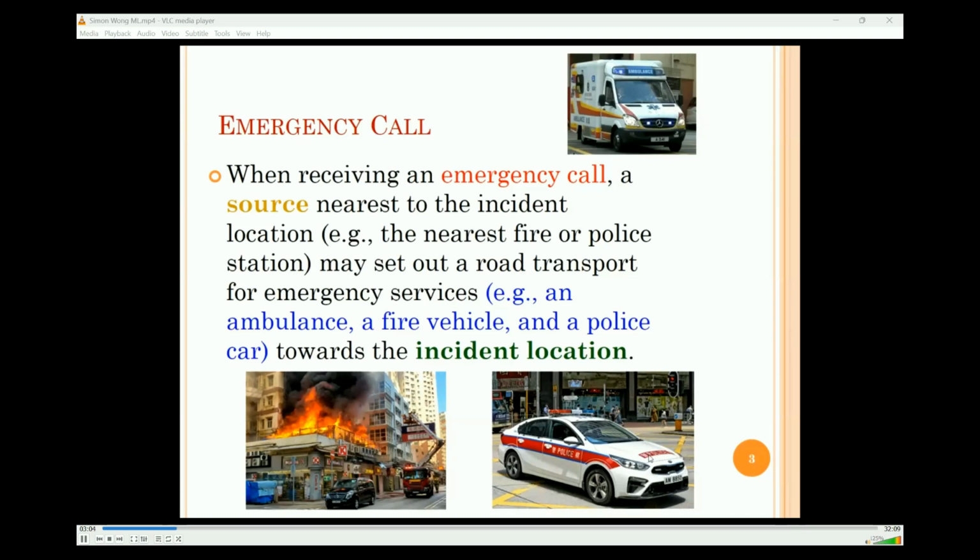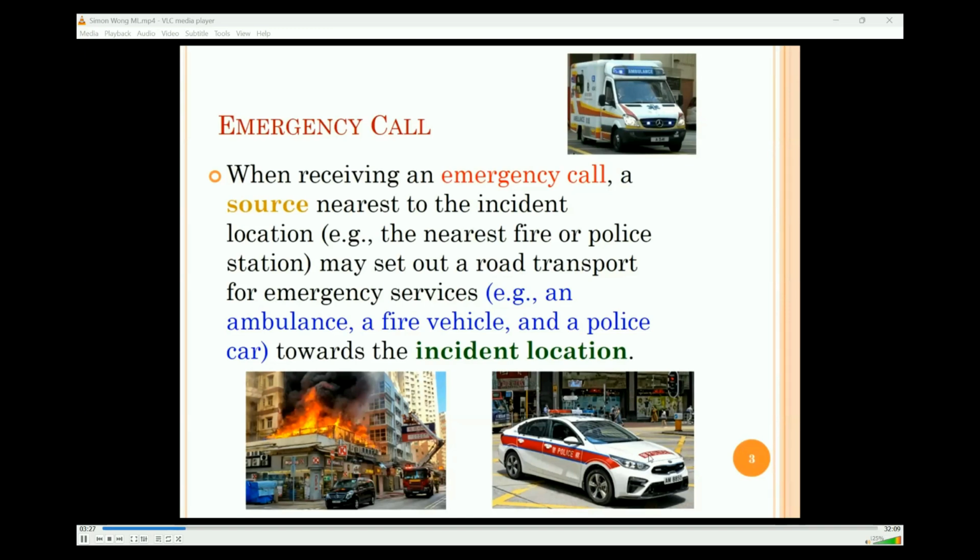The road transport for emergency services includes ambulances, fire vehicles, and police cars. In Hong Kong, the ambulances and fire vehicles are parked in a fire station, while the police cars are parked in a police station.